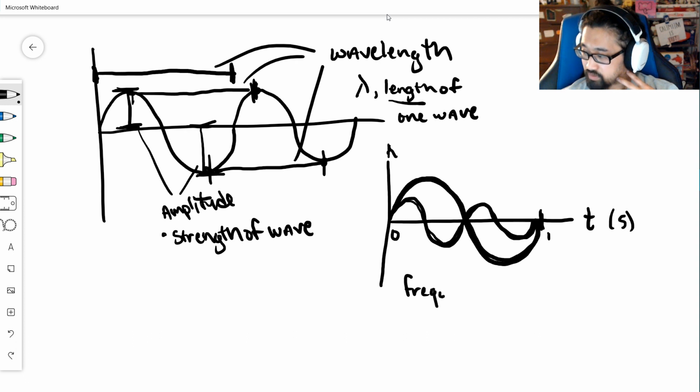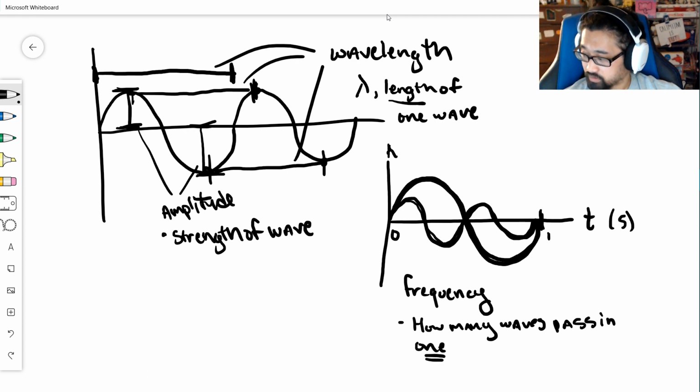The frequency of a wave is something else you should be familiar with. I said before, it's not like the speed of the wave, but it's how many waves. Specifically, it's how many waves pass in 1 second. It's measured in hertz.